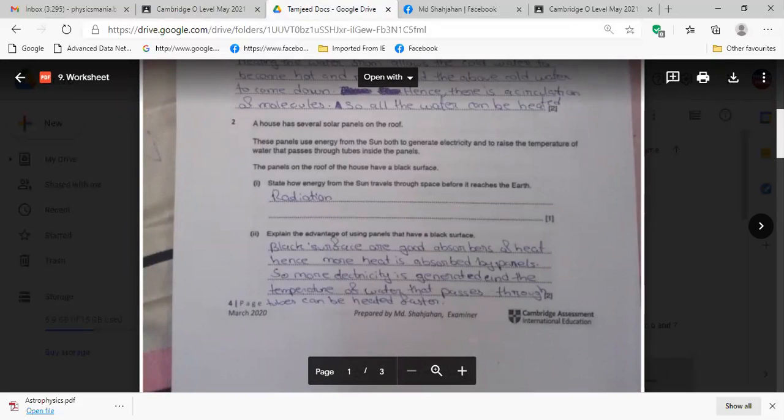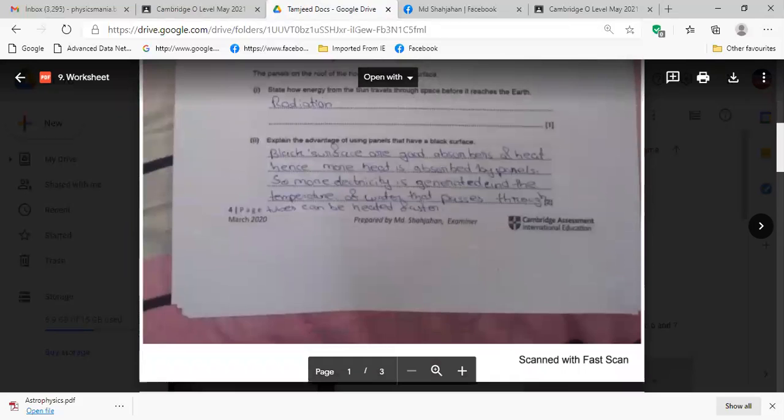State how energy from the sun travels through the space before it reaches the earth. So it is radiation, by the radiation. Then explain the advantage of using panels that have black surface. Black surface are good absorbers of heat, very good.